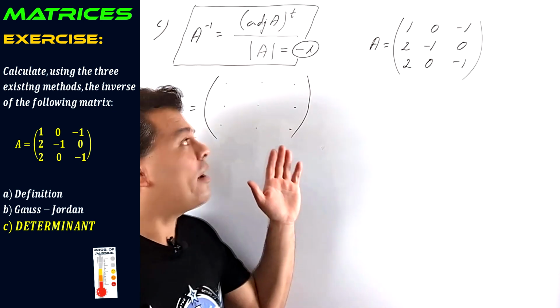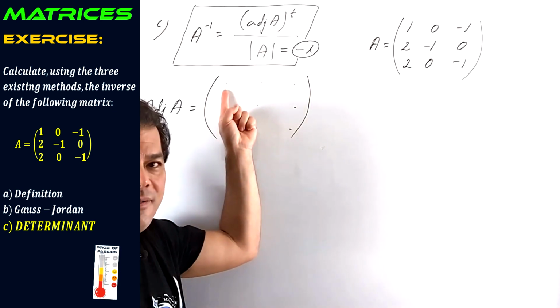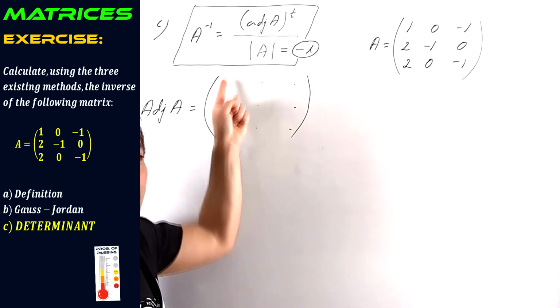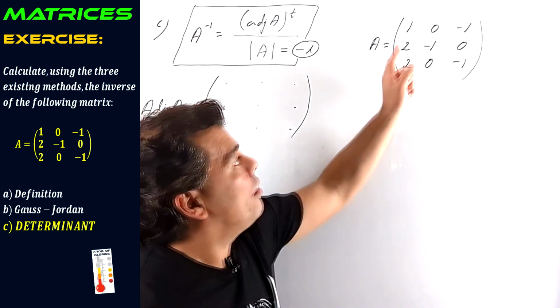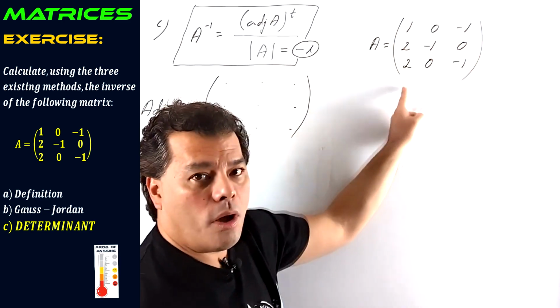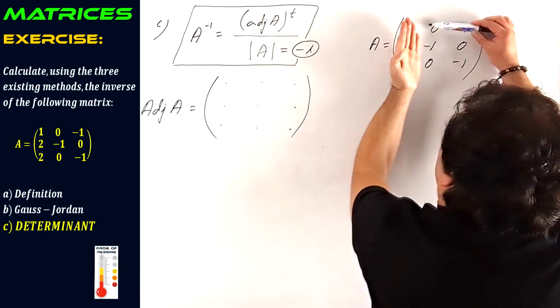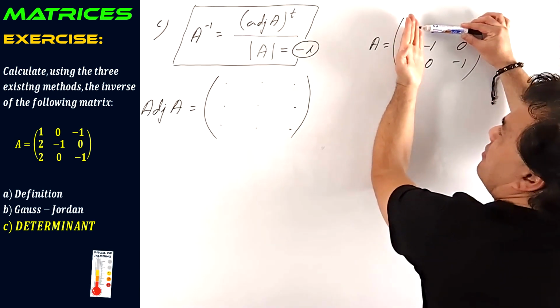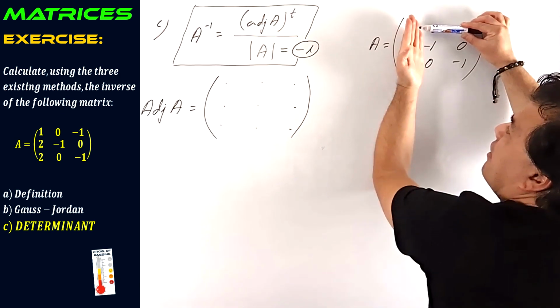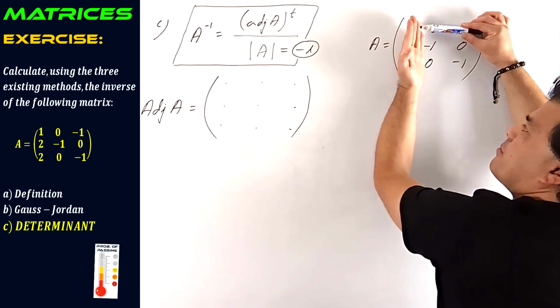And how are we going to calculate the first position? Row 1, column 1. Look, we have to remove precisely row 1 and column 1. Let me do it with my hands. Can you see the positions that remain? We are going to calculate the determinant of these positions.